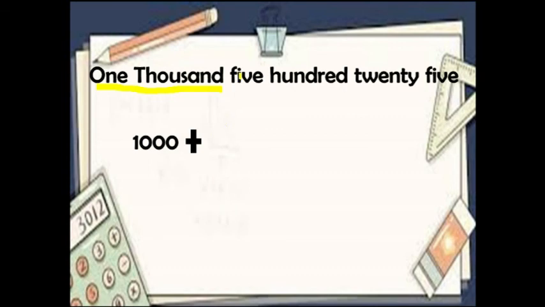let's write 500 in numerals, and we write 500 as 500 plus, we have the 20, so we write 20 as 20 plus, we have the 5, so we write 5 as 5.